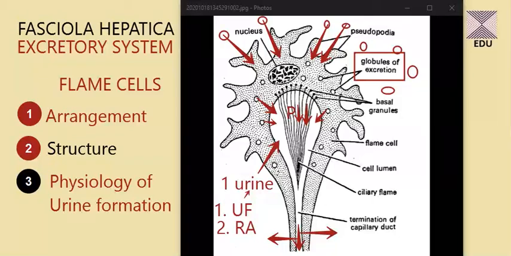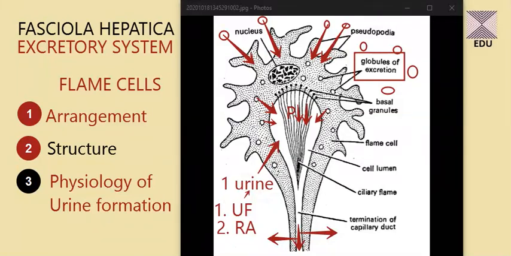I hope that you have understood this particular topic. The main three things that we have discussed in this topic are what flame cells are, their arrangement and structure, and at last the urine formation in Fasciola hepatica.